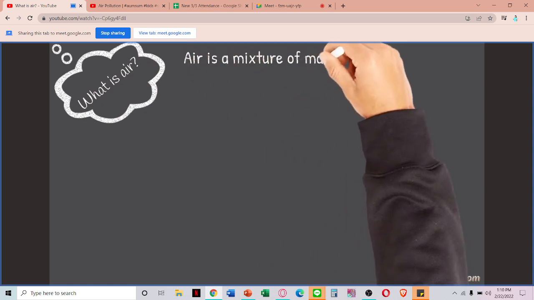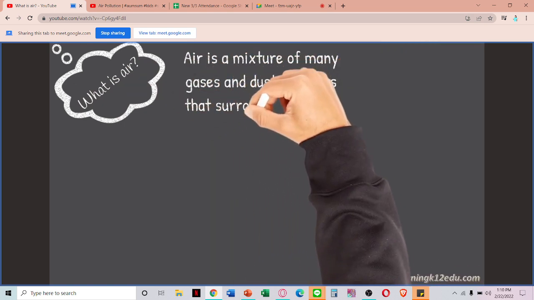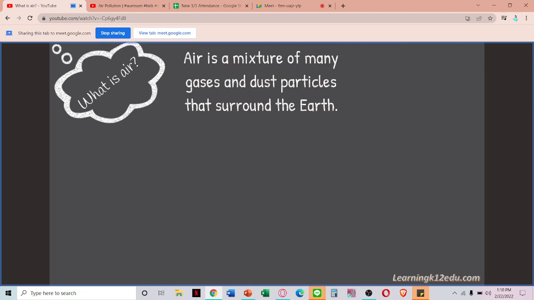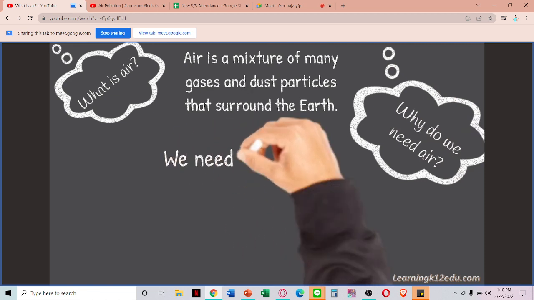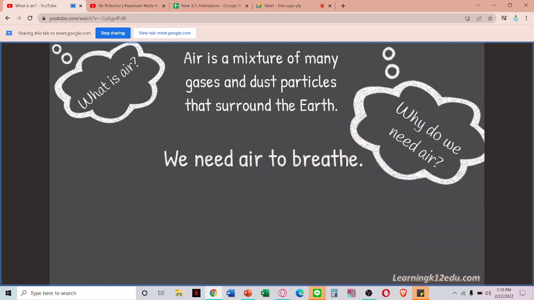What is air? Air is a mixture of many gases and dust particles that surround the Earth. Why do we need air? We need air to breathe.